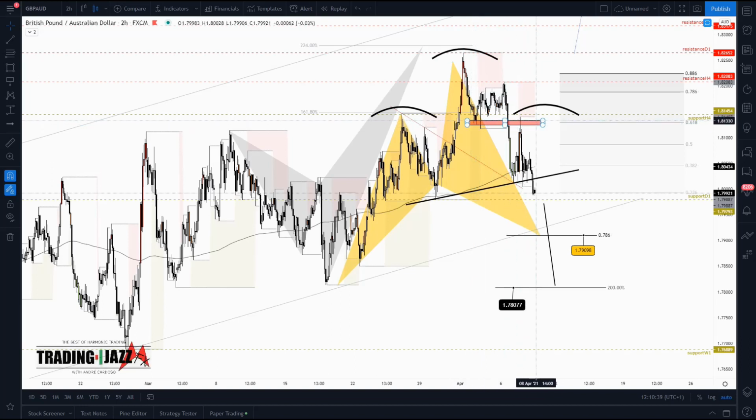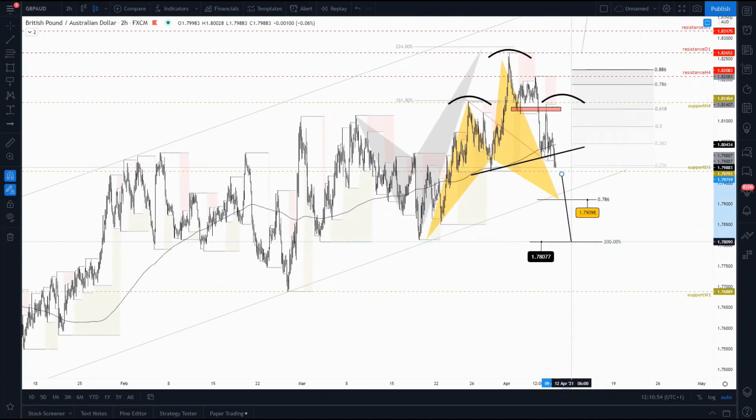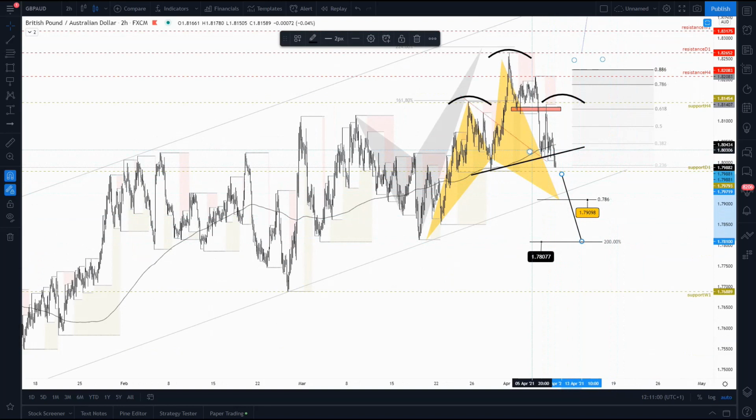I was saying this should act as a resistance, and if that happens, that may form the head and shoulders. That being said, I believe the market is now moving towards the default target. In my point of view, that may trigger the head and shoulders formation.